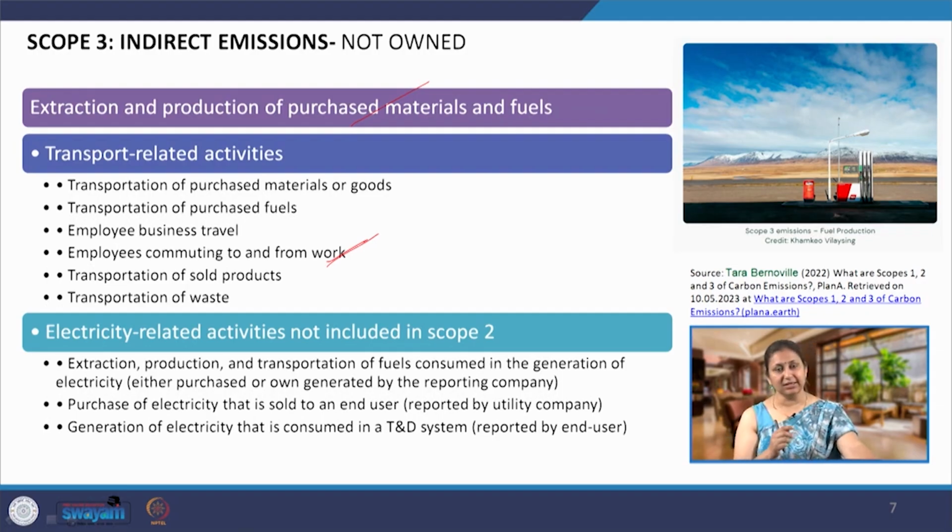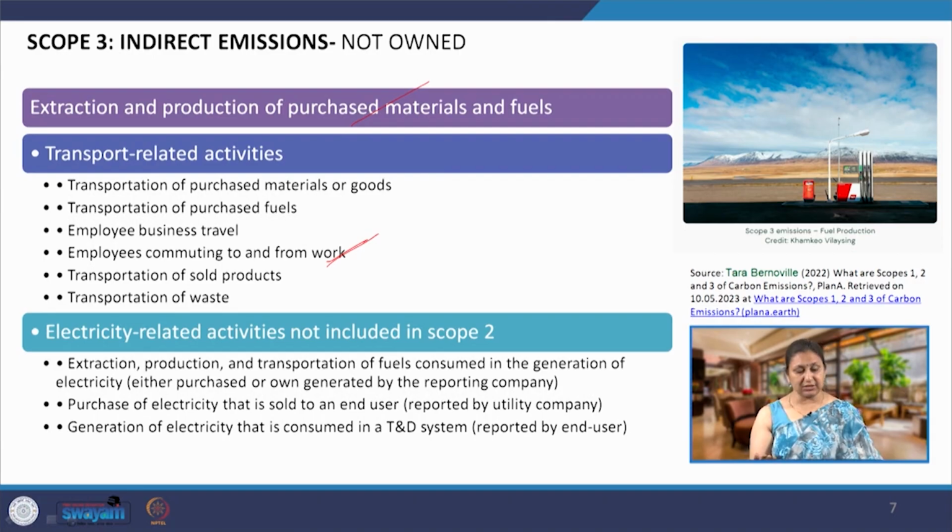In that case, neither is it a direct emission, because I do not own that fleet, nor is it an indirect emission, because I do not have an EV or anything like that. Now, where does it go? It is still part of my broader boundary, part of my value chain. Though the third party is just providing the service on rent, the direct emissions resulting from that third party are going to accrue under my scope 3 indirect emissions. That is what we are talking about.